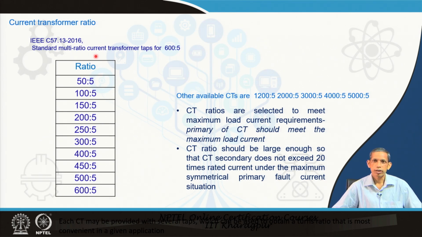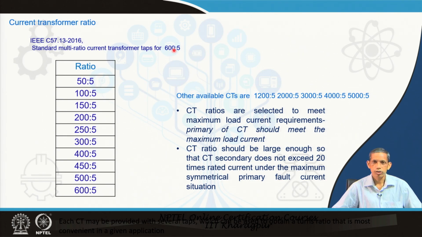From the 600 to 5 winding, the turns ratio is 1 to 120. That means that from the different numbers of turns available in the secondary, you can have tappings, and accordingly the ratio will also be different, so the tappings and the corresponding ratios can be used for different current transformations.